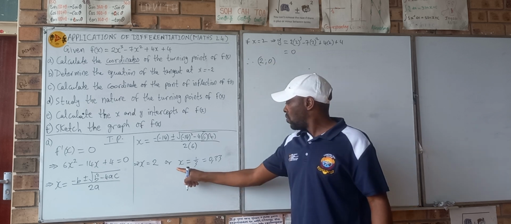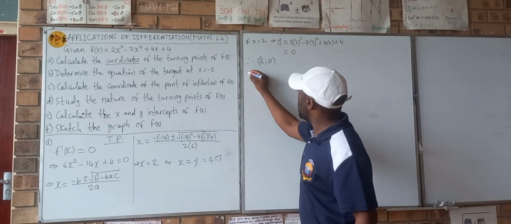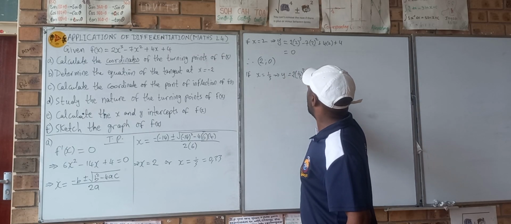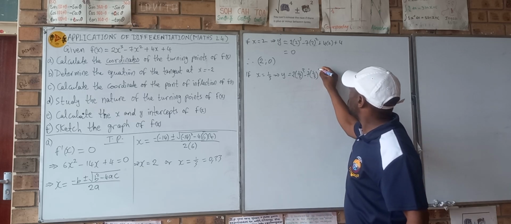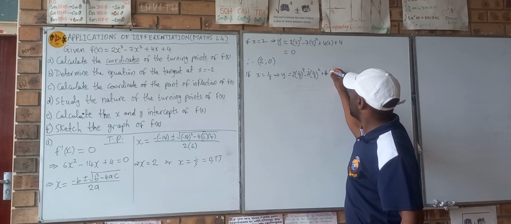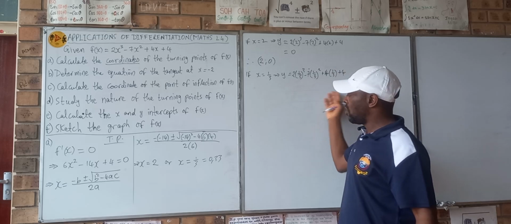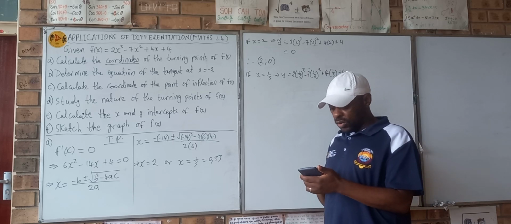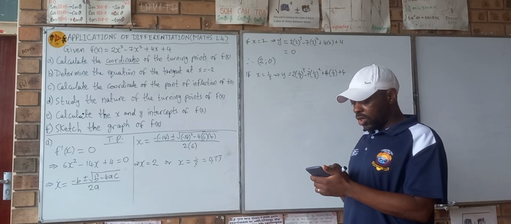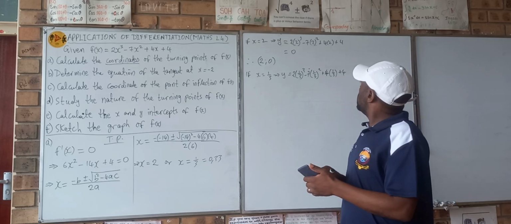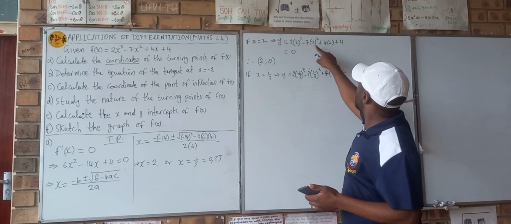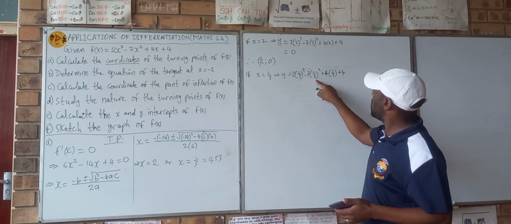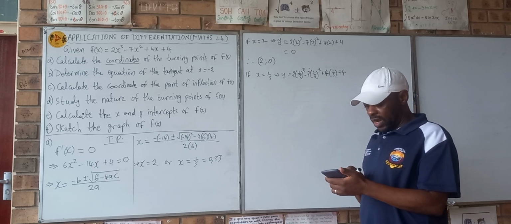Then I will do the same thing with the other point. So if x is equal to 1/3, I'll also substitute into 2 times 1/3 cubed minus 7 times 1/3 squared plus 4 times 1/3 plus 4. 1/3 squared is 1/9, so I get minus 7 over 9.